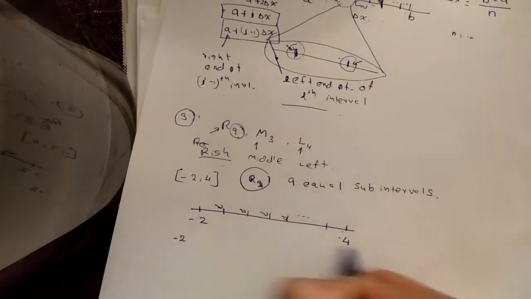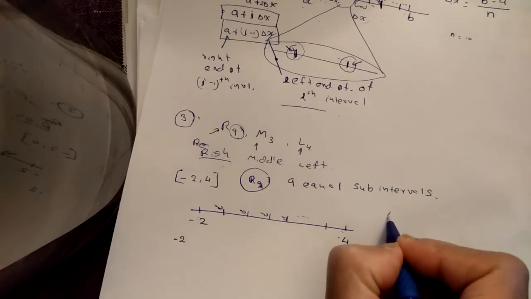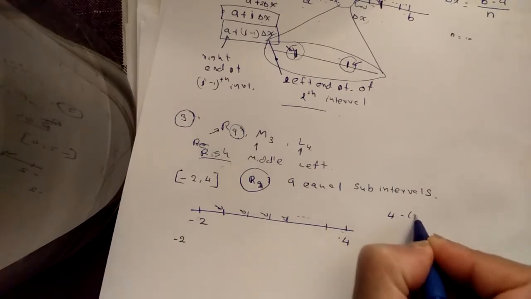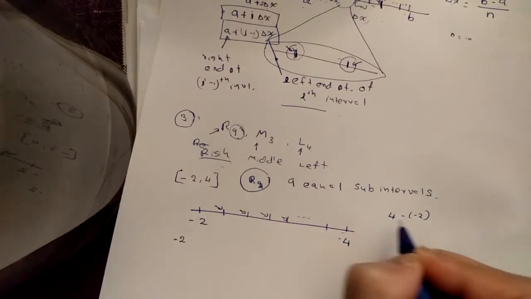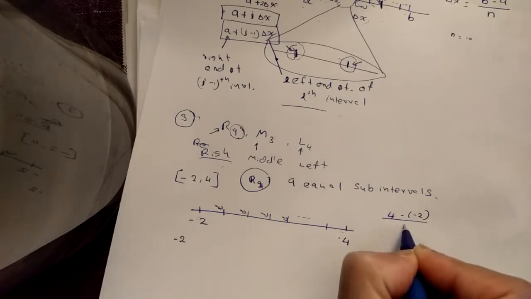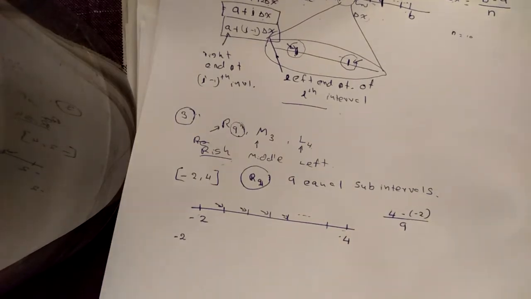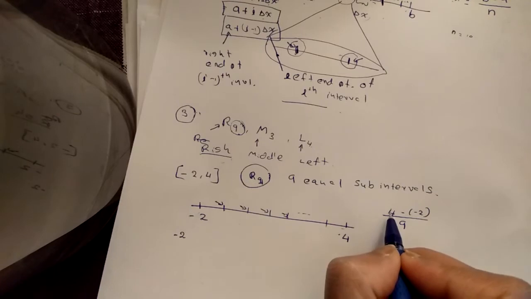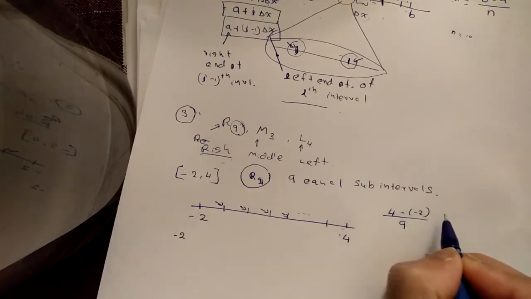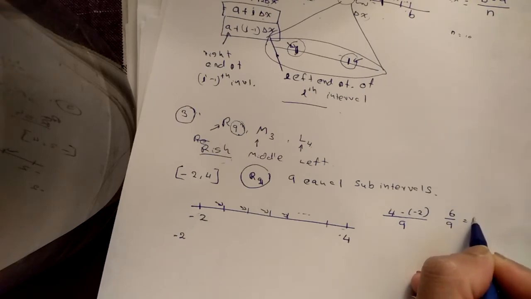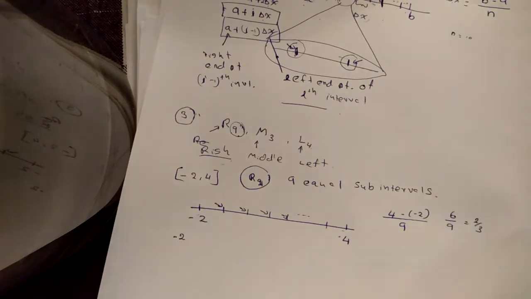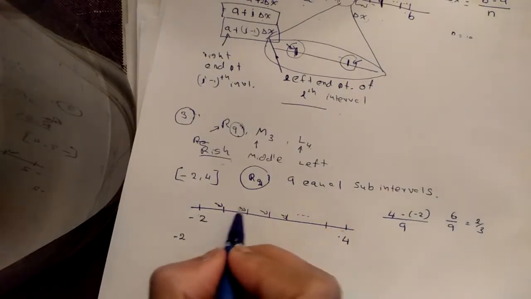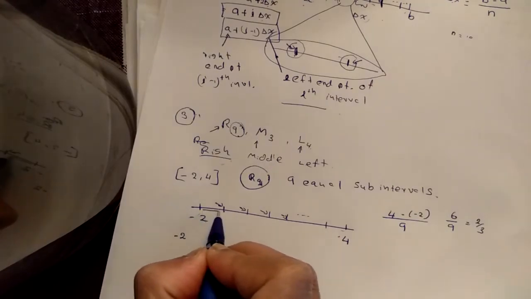What is the distance between 4 and negative 2? We subtract the two numbers and divide by 9. That means 4 minus negative 2 is 6, and 6 divided by 9 is 2 over 3. So this is the length of a subinterval.